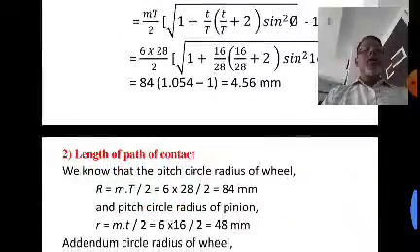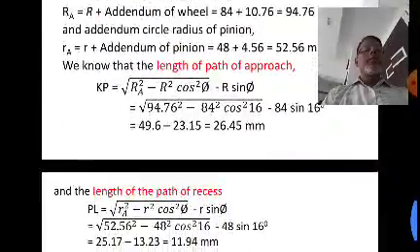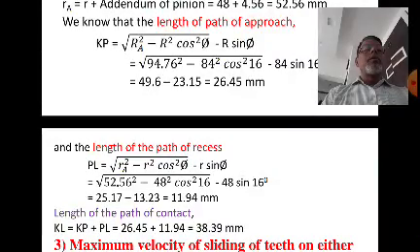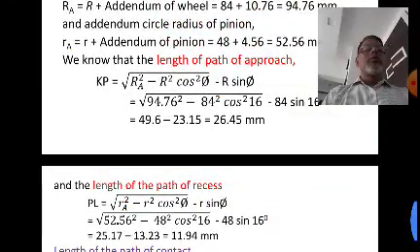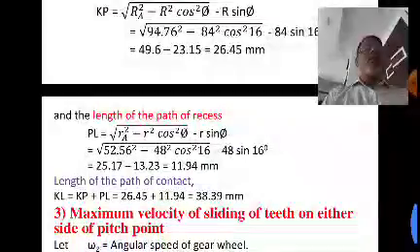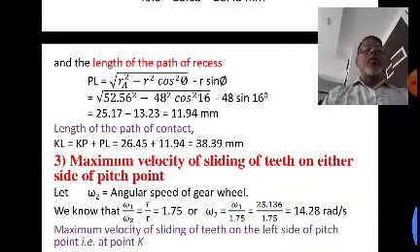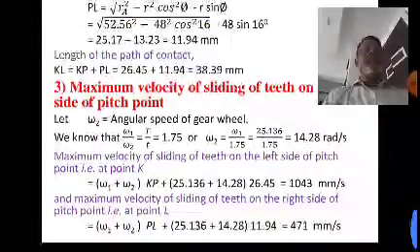Just check this, right? Under root of this equation. So if you substitute the value, you will get this value, and similarly you can find out Pl. If you add Kp plus Pl, you will get the length of path of contact.